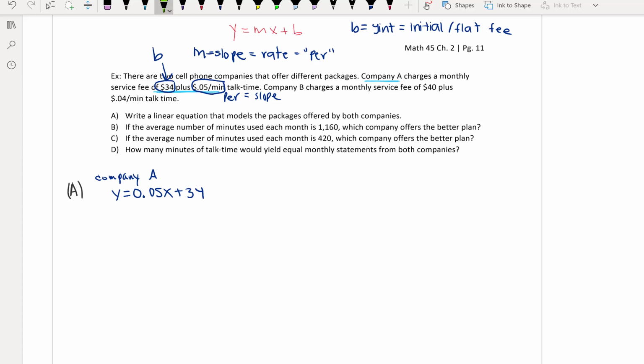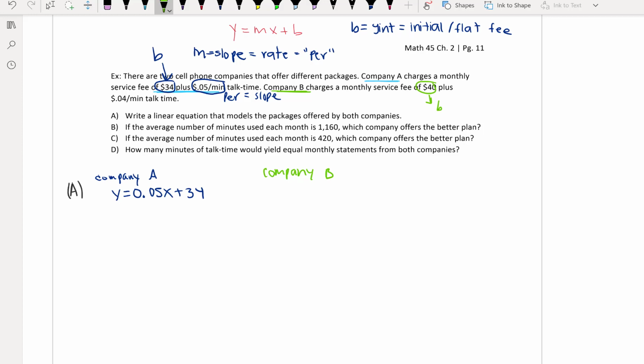Now, I want to do the exact same thing for company B. So let's think about this now. For company B, we have a service fee of $40. That's your fee no matter what, so that would be my b value.